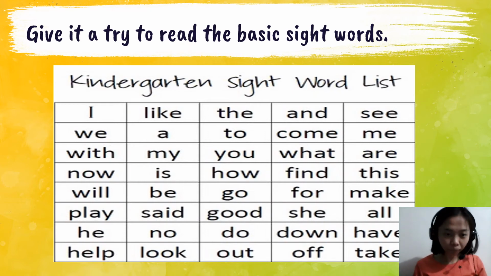Next, on the second row, let's start on the very first left corner. There's the letter W and E. We cannot say this as wuh-eh because it's English and we pronounce it as we. Say we.